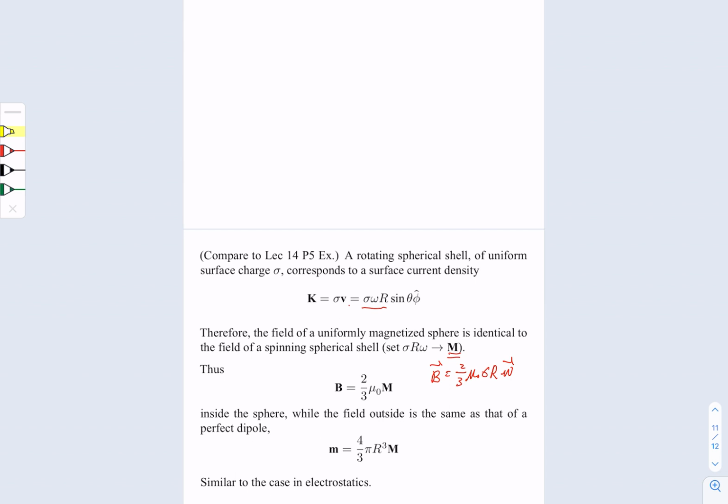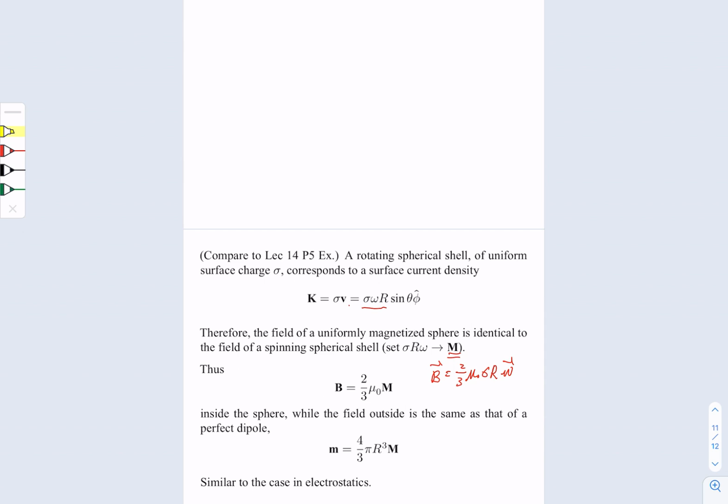Can I ask why it is 2/3? What do you mean? The B field of the rotating... Oh, wait, that's from last class. Yes.